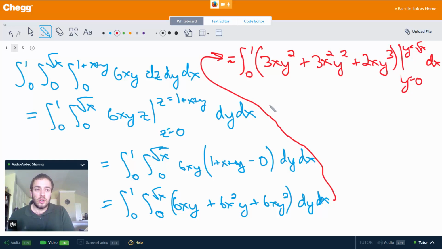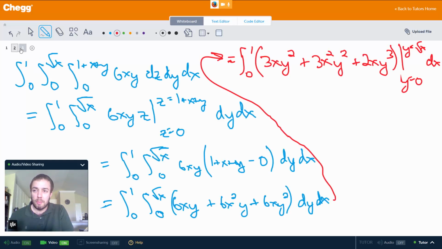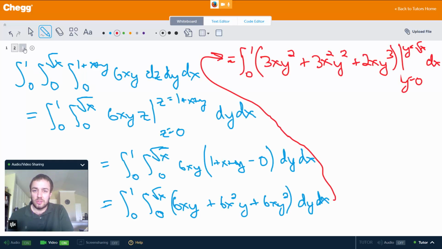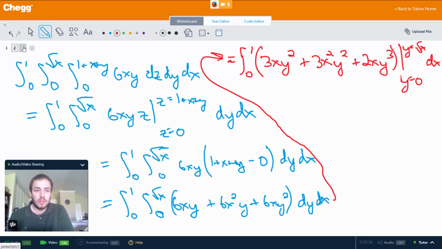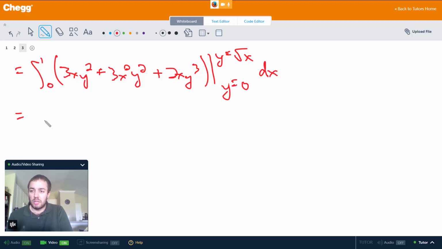Okay, so I think we're going to have to go to a new page now. So this is going to be equal to, let's go ahead and rewrite what we have, just to make this easier on ourselves. 3xy squared plus 3x squared y squared, and then plus 2xy cubed, evaluated from y equals 0 to y equals root x, and we still have a dx there. All right, now so we still have the integral sign for x.